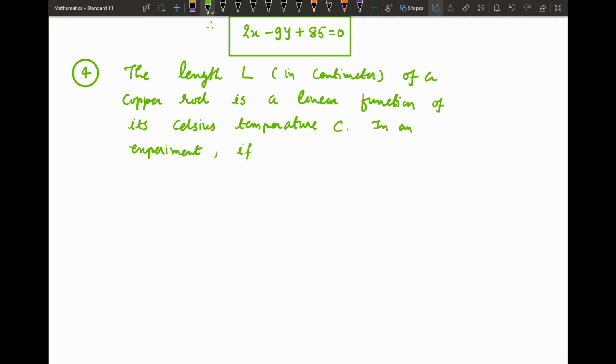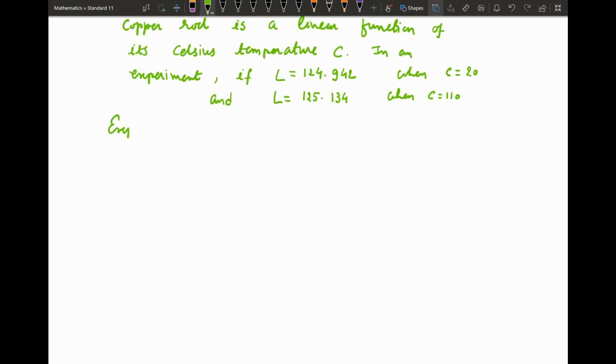If L equals 124.942 centimeters when C equals 20, and L equals 125.134 when C equals 110, express L in terms of C.